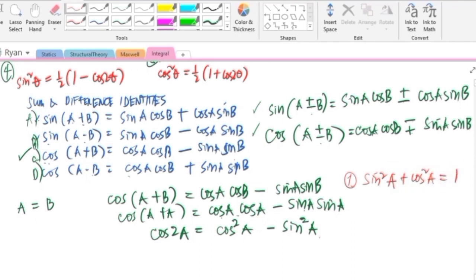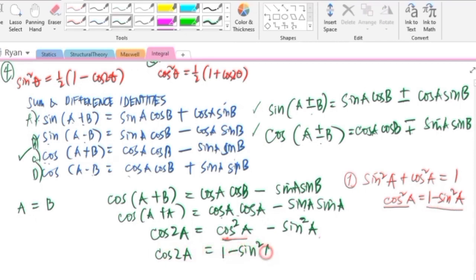Now, if I am going to express this in terms of cosine, then I would have cosine squared A is equal to 1 minus sine squared A. Now, I am going to replace this cosine squared A with 1 minus sine squared A. So, I would have cosine 2A is equal to 1 minus sine squared A minus sine squared A. Now, simplifying this, I have here cosine 2A is equal to 1 minus 2 sine squared A.